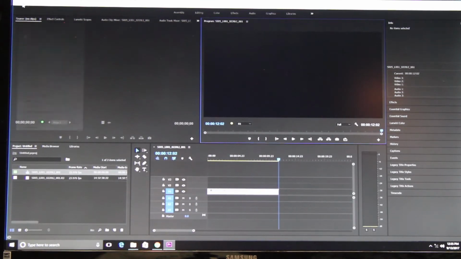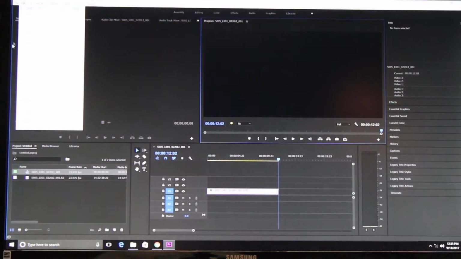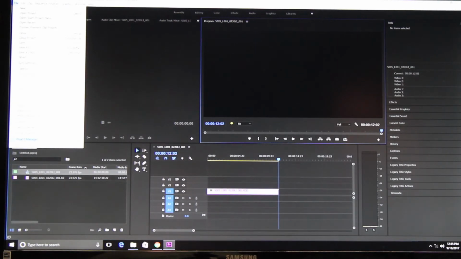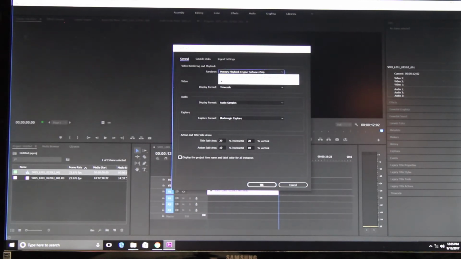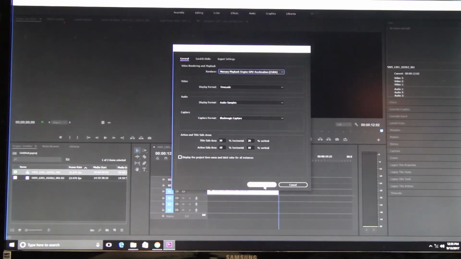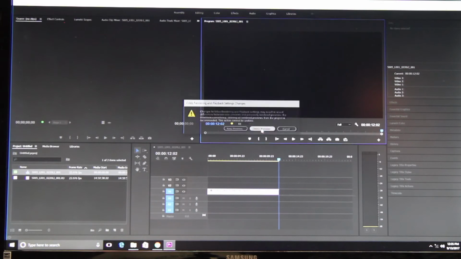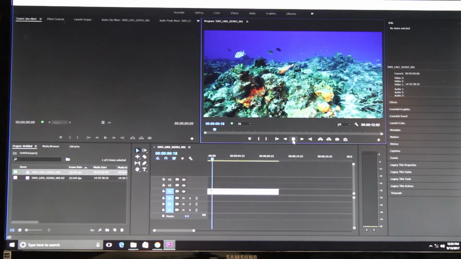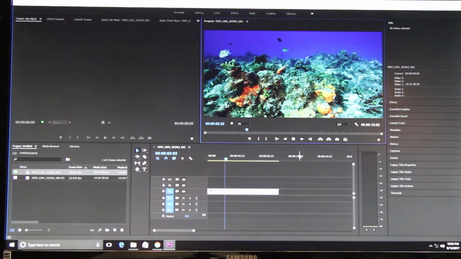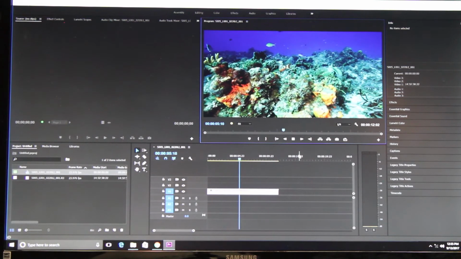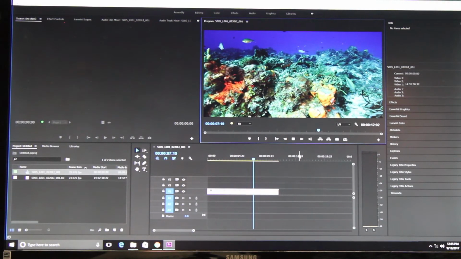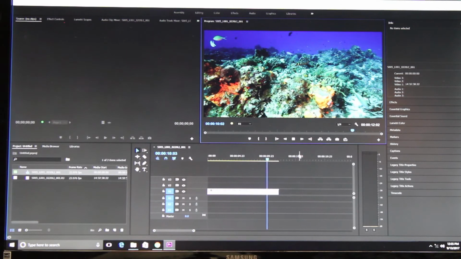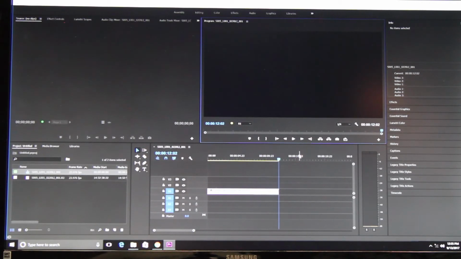Now let's switch it to the CUDA acceleration. Delete our previews. We'll switch it back to a fourth. Interestingly, we can see that with CUDA acceleration in this particular footage, we aren't even getting our full frame rate at a fourth resolution.